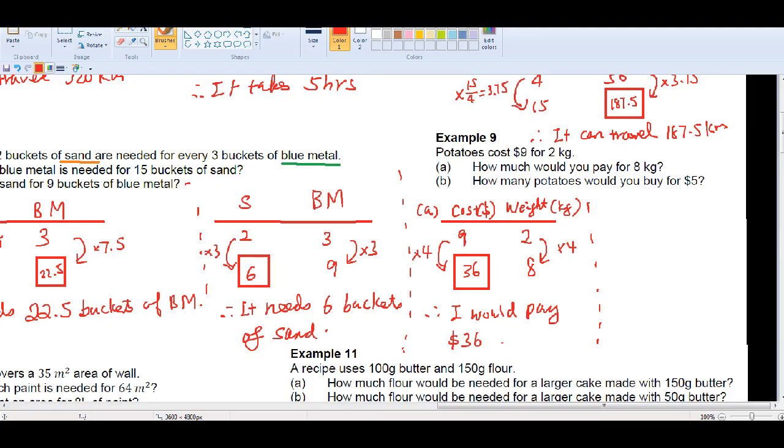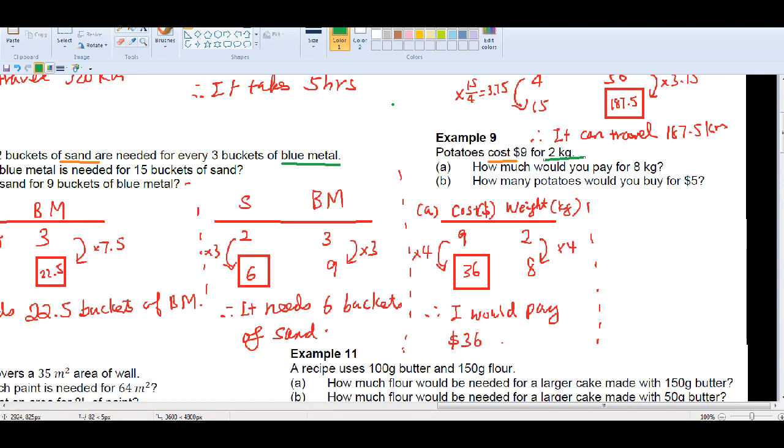Okay, so that will be the answer for A. Anything correct? So the two quantities should be the cost, and cost is one quantity, and the mass, or the weight, actually we could call weight or mass, is another quantity. So you got cost $9 and weight 2 kilograms.